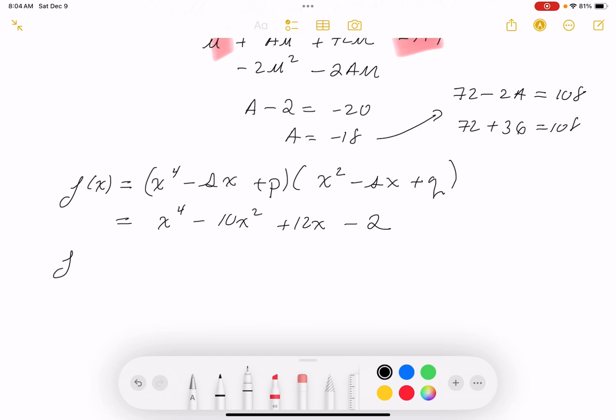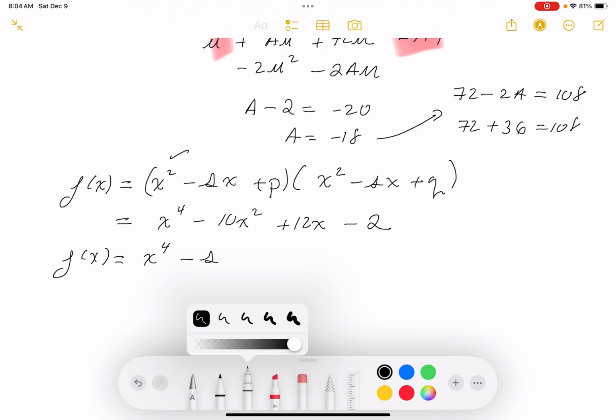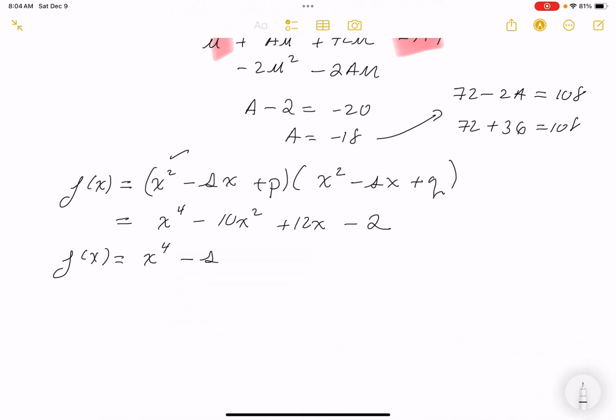And f of x, well, it's going to be x^4. I'm distributing the x squared across the three terms, by the way, minus s. You know what? I made a mistake there. I just noticed it. That's not 4, it's 2. Let me go back. So x^4, and next thing's going to be, let's see, minus s x cubed, and then plus q x squared.